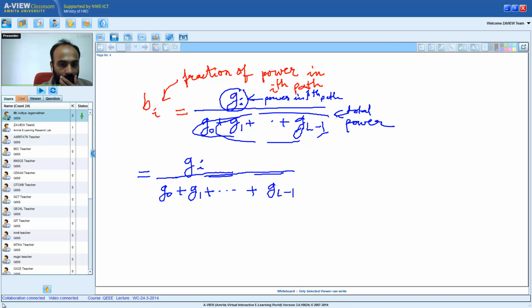That is the fraction of the power in the ith path. Alright, so the fraction of power in the ith path, b_i, is g_i divided by the sum of g_i.